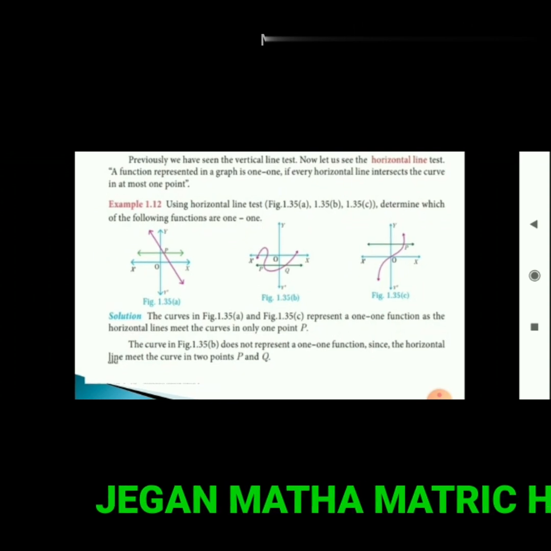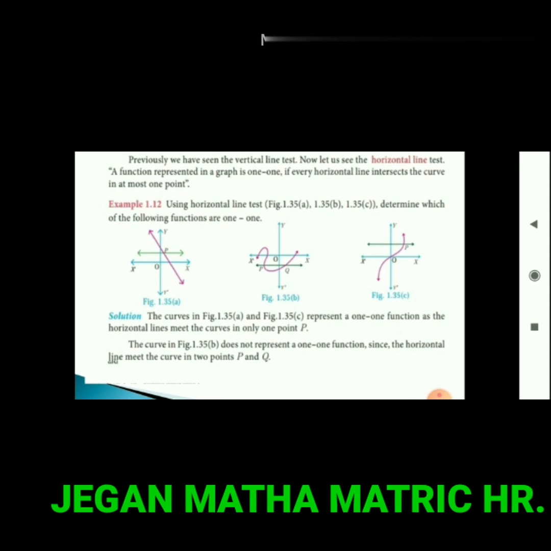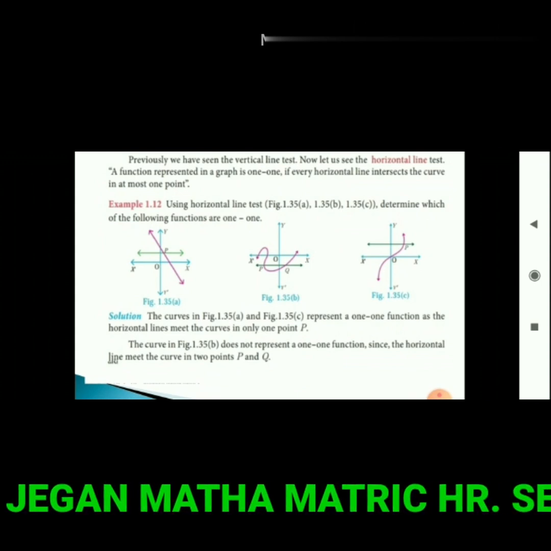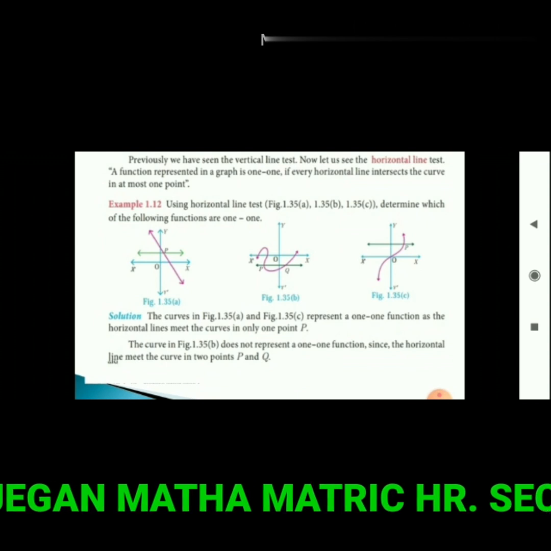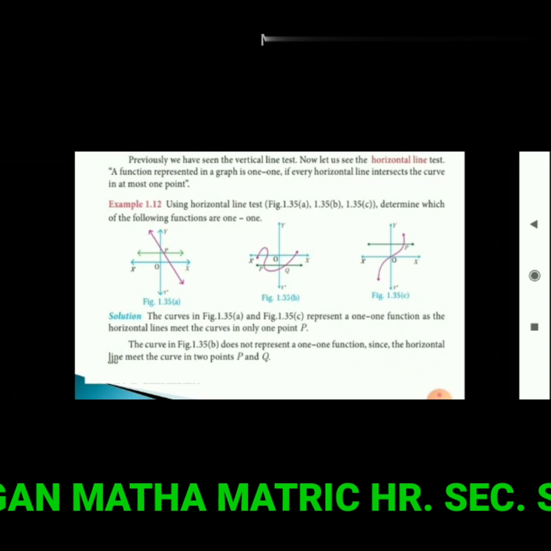The next one, horizontal line test. Horizontal line test means a function represented in a graph is 1 to 1 if every horizontal line intersects the curve in at most 1 point. So using the horizontal line test, three pictures are given.